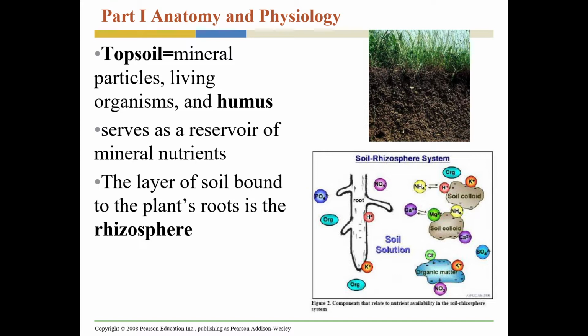This is where the plant receives its nutrients. And this is what we call the rhizosphere, that part of the soil that is bound to the plant's roots, that enables those roots to actually uptake the nutrients that it needs.